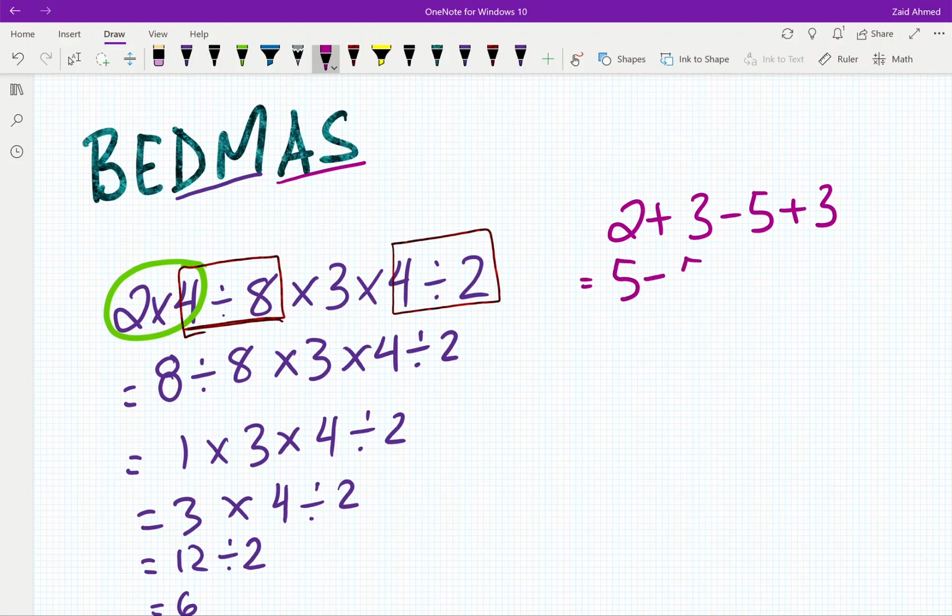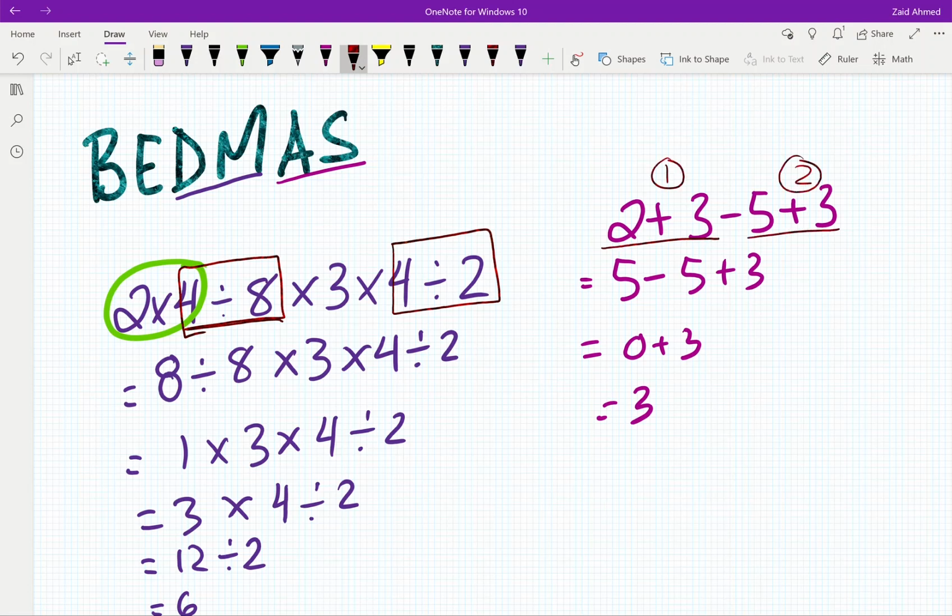So you have this over here. It is not necessary that you do this one first, this one second, and then put them together. You could just go left to right once again.